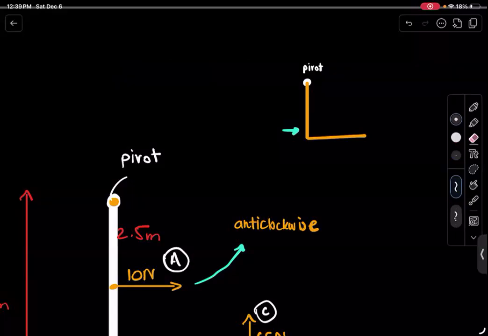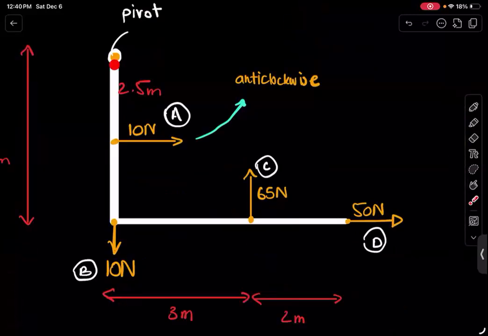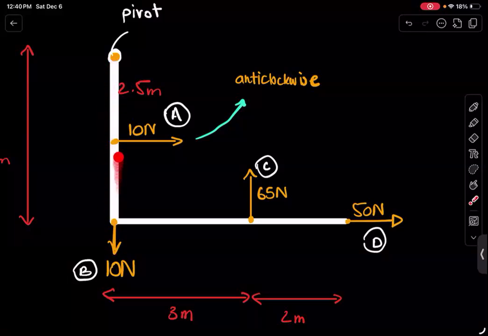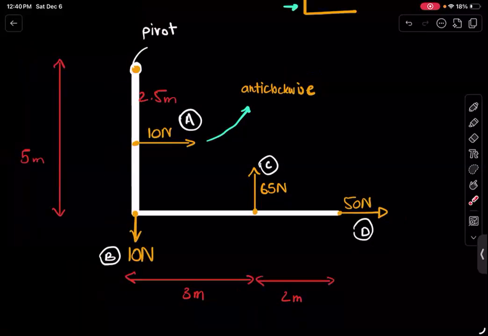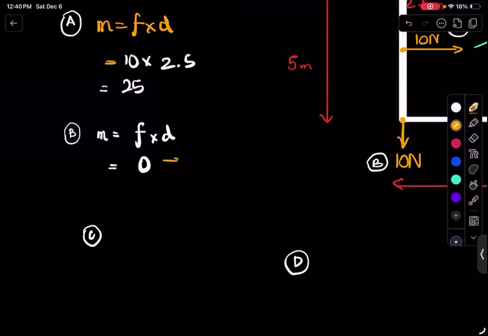That's why you've always got to choose the force which is perpendicular to the distance. Here the force is parallel to the distance, so it's going to be zero. Why? Because force and distance are parallel. So there's going to be no moment.